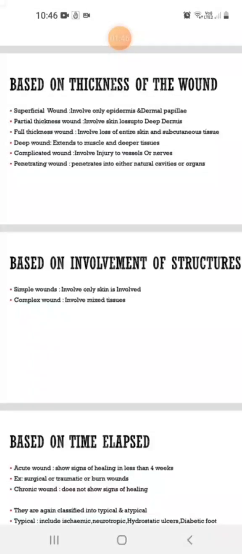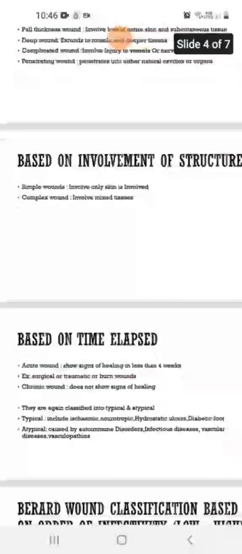Full thickness wound involves loss of entire skin and subcutaneous tissue. Deep wound extends to muscle and deeper tissues. Complicated wound involves injury to vessels or nerves. Penetrating wound penetrates into either natural cavities or organs.